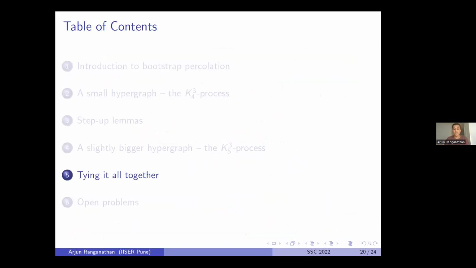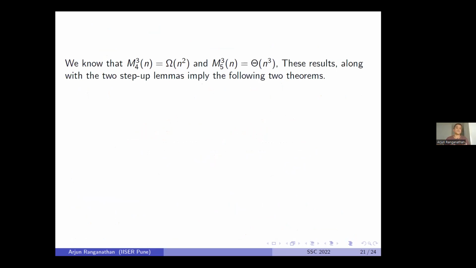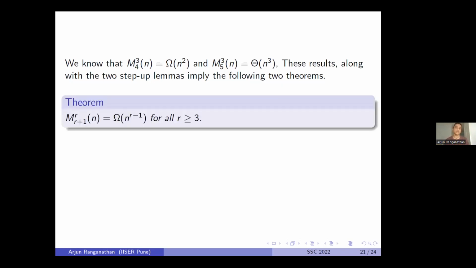And now we quickly tie it all together and present 2 nice results. So we know that M43(n) is big omega n squared and M53(n) is big theta n cubed. And so these 2 facts along with the 2 step-up lemmas imply 2 nice results. So firstly, we see that M(r+1,r)(n) is big omega n to the r minus 1 for all r at least 3.